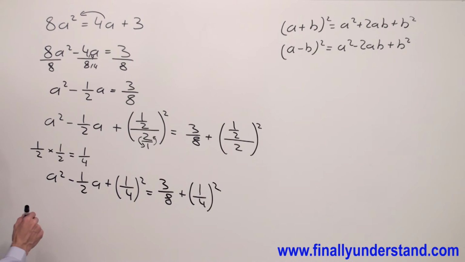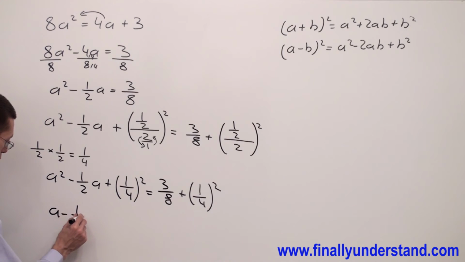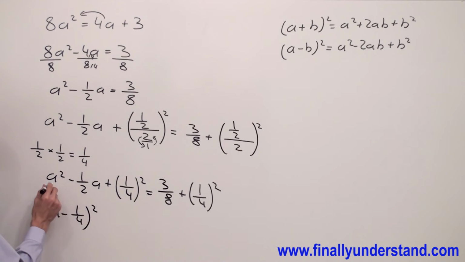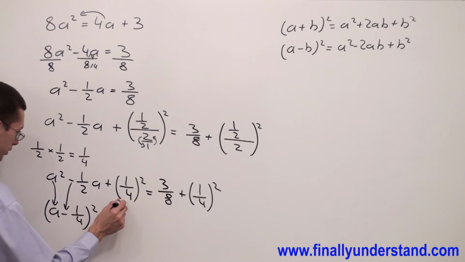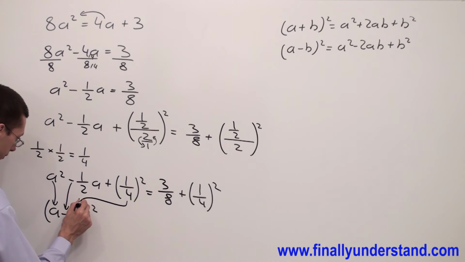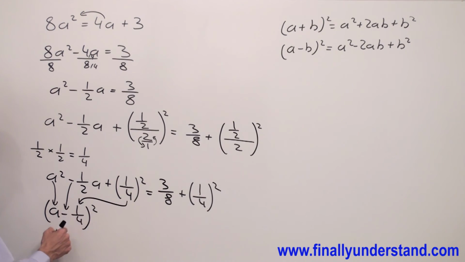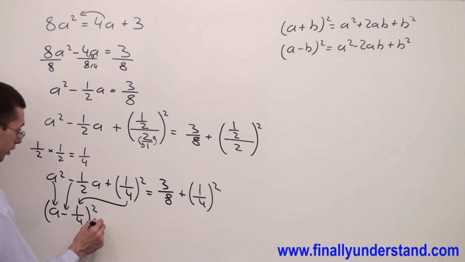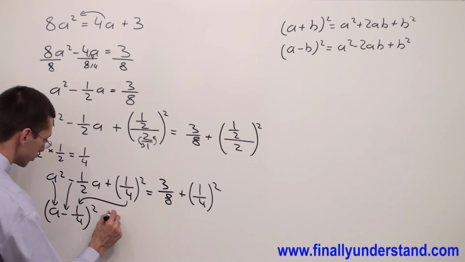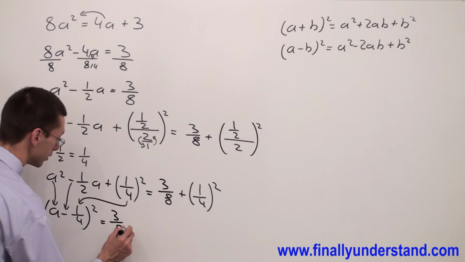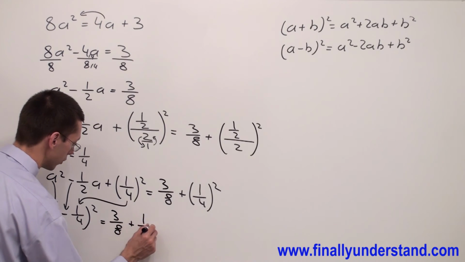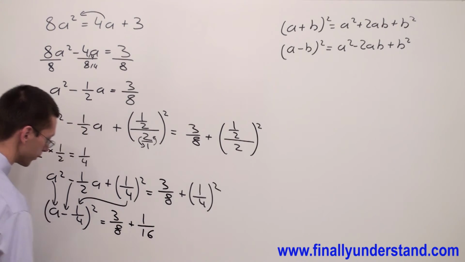Next, we're supposed to write a minus 1/4 to the second power. How come? Keep in mind, you're supposed to copy down this a, this sign, and this base, and raise everything to the second power, equals 3 over 8 plus 1 over 16.